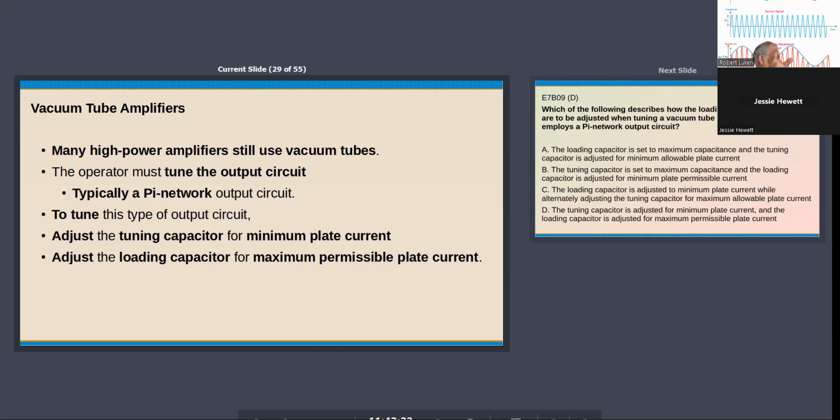That's not just linear amplifiers. My old Drake was the same way. They haven't changed anything with tubes. Right, that's the way it works. So you play the little game of lowering one and maximizing the other. When you can't get the plate current any lower on the tuning, and you can't get it any higher on the other one, you're tuned.